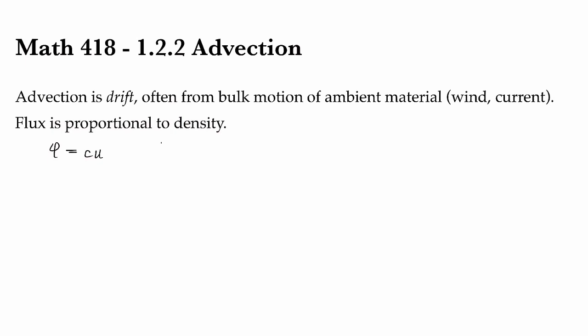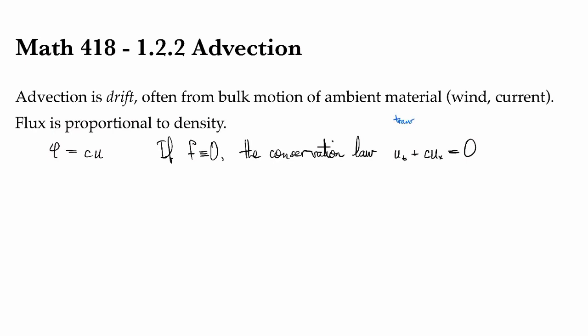So if the source term is identically zero in our conservation law, the conservation law is going to look like u sub t plus, and then our phi of x is going to be cu, and with f equal to 0, this will be equal to 0 right here. And so this is referred to as the advection equation, or sometimes a transport equation.